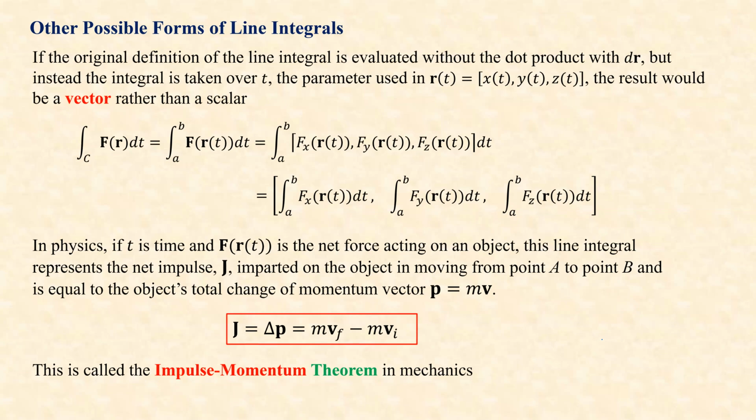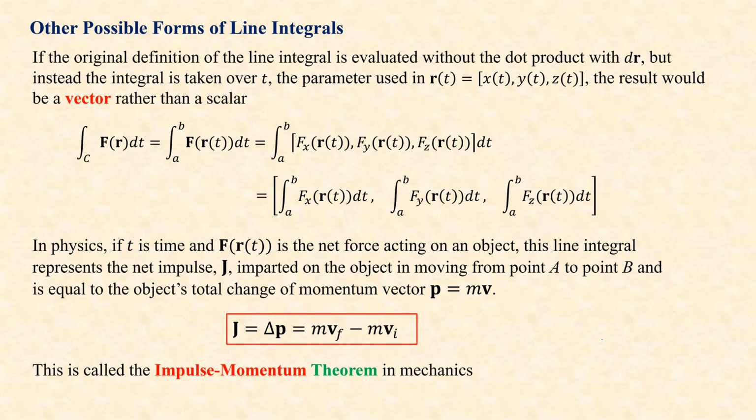And so if you multiply force by time, you get impulse, and that equals the change in momentum. But if you do the dot product of force and direction, dot dr, and integrate, that becomes work, which is equal to the change of kinetic energy.